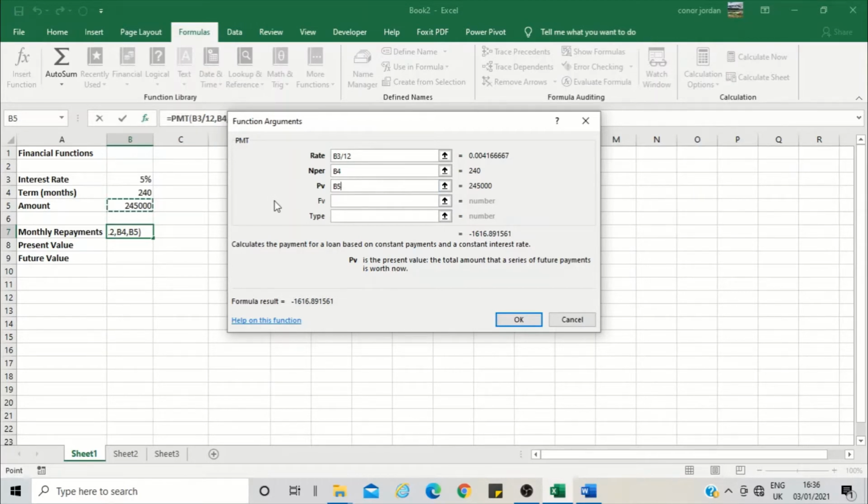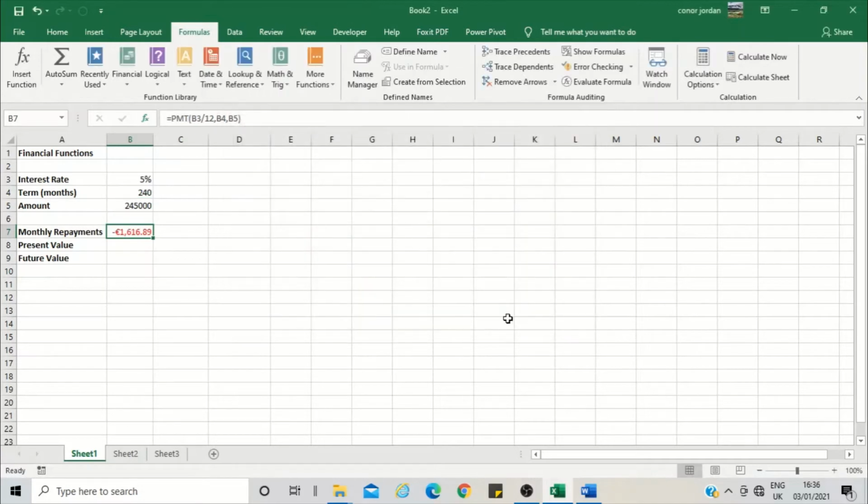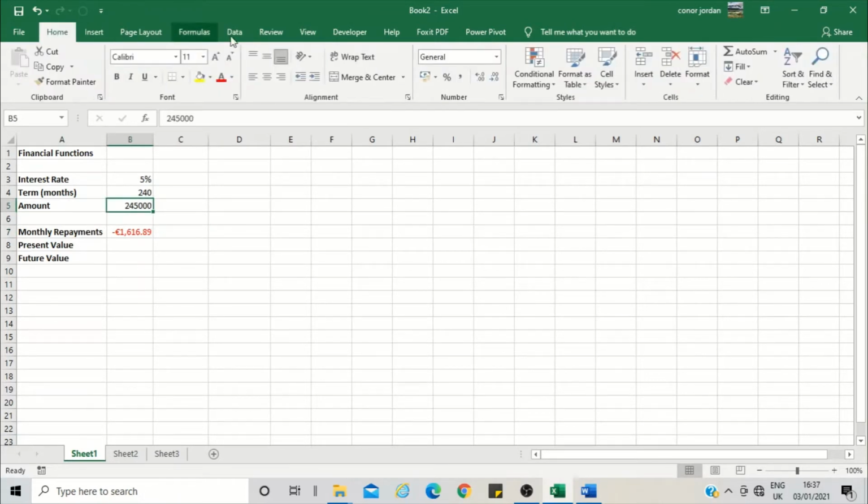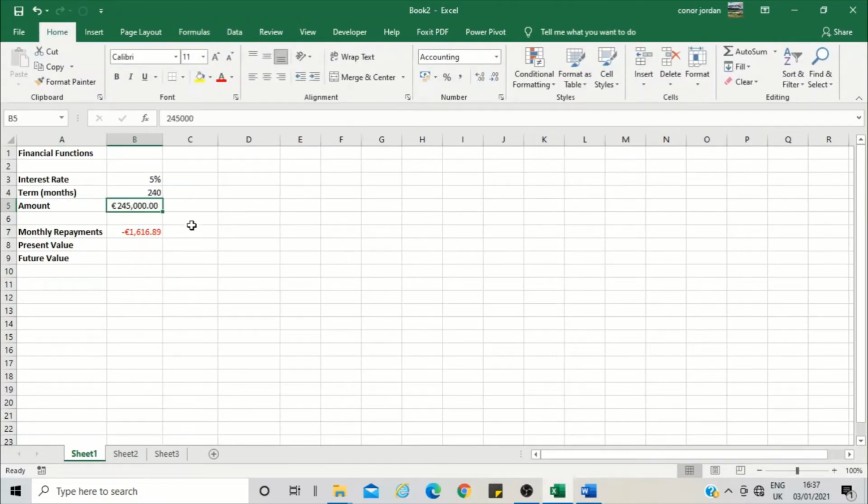This is the present value of the loan, and click OK. So here you can see that you'll have to pay €1,616.89 based on an amount of €245,000.